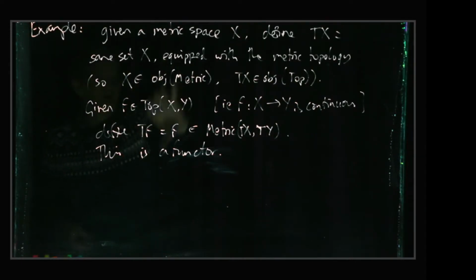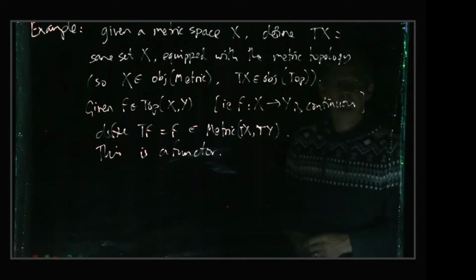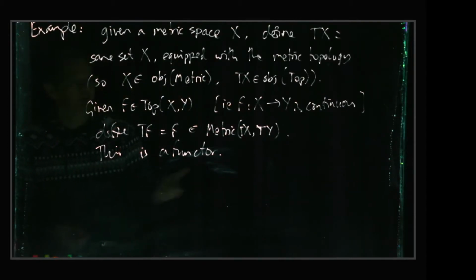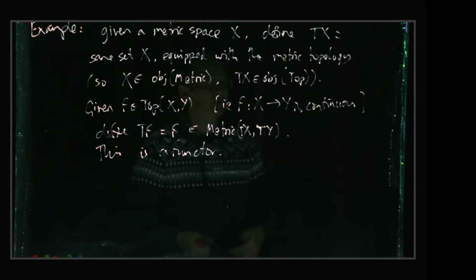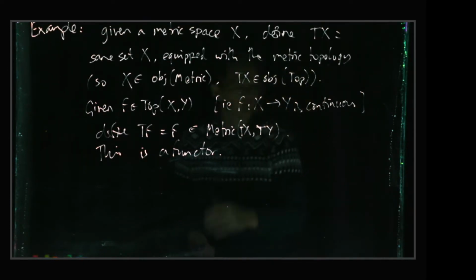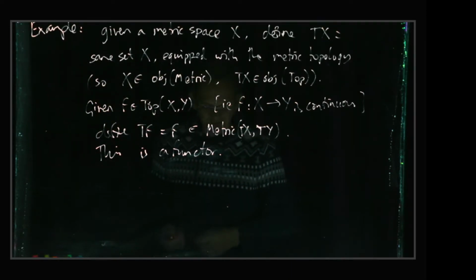And then all the other ingredients are just somehow automatic. And that's a fairly common thing that happens in category theory. When you define a category or you define a functor, many of the ingredients are just automatic and nothing really is happening. And there's just one ingredient somewhere where all the content is involved. So that's a functor.